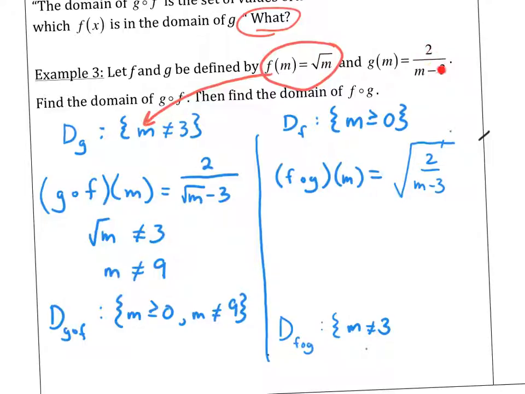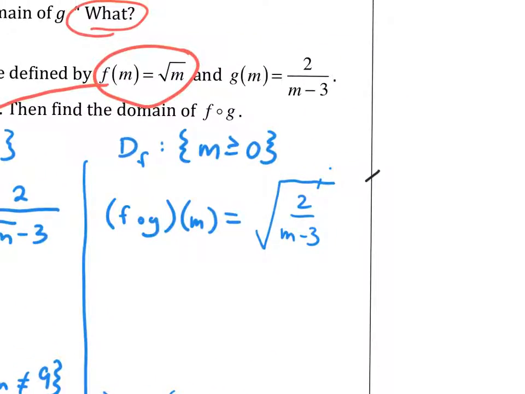Let me repeat that, but let's do g. Take the function g and substitute it right here into this domain and solve this inequality. So what's that? That would be 2 over m minus 3 has to be greater than or equal to 0.